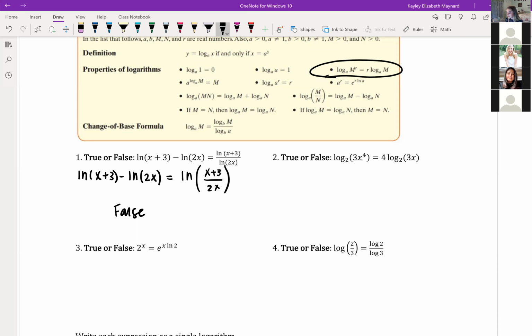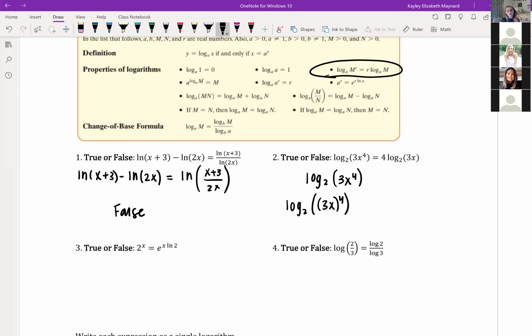So the issue here is that we have log base 2 of 3x to the 4th. The only thing that's raised to the 4th power here is the x. The 3 is not actually raised to the 4th power. We would be able to pull this exponent out if we had log base 2 of 3x, all to the 4th.